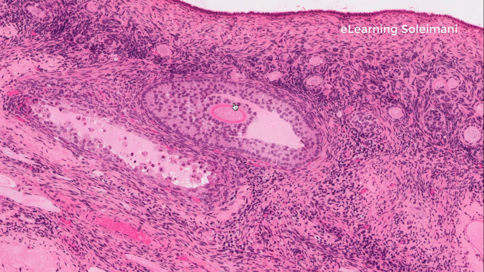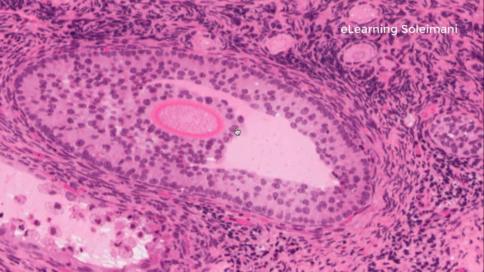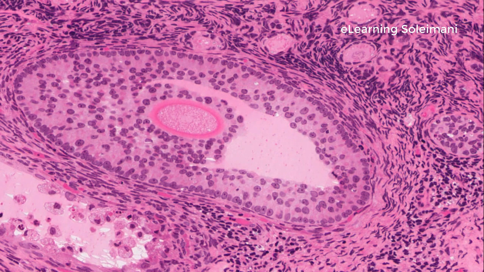A secondary follicle is formed when the layers of granulosa cells separate by the accumulation of follicular fluid, and a fluid-filled space called the antrum develops within the follicle.